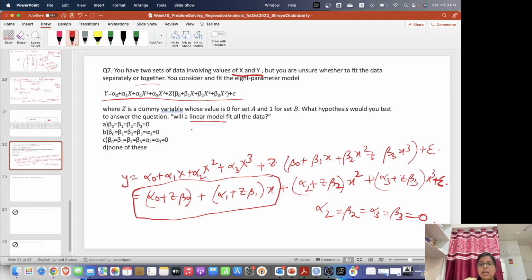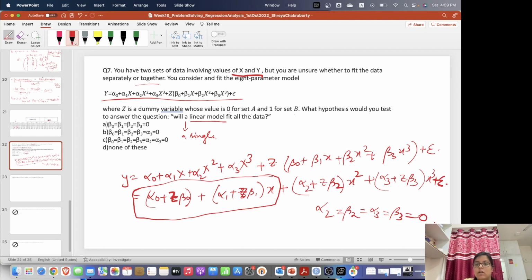We want to see whether a linear model, meaning a single linear equation, can fit all the data containing two categories. The z variable embedded here and here is causing trouble.